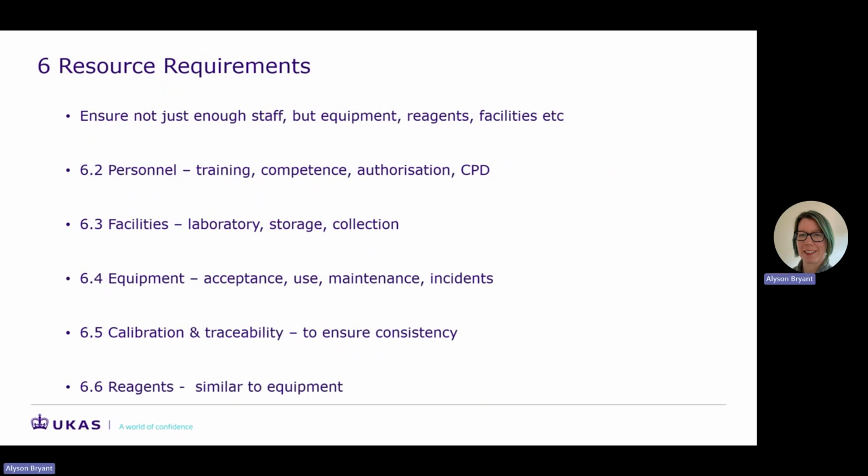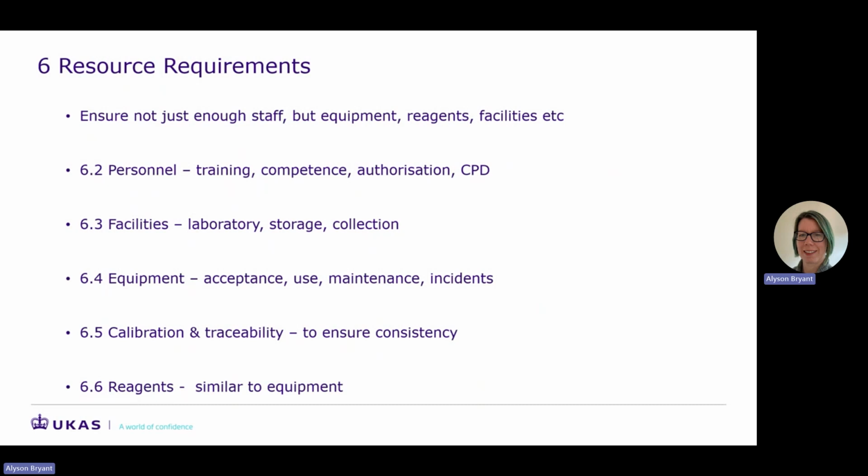Section 6 looks at resource requirements. So this isn't just staff, this is facilities, laboratory facilities, this is equipment, this is reagents, there's lots of different resources that are required in order to deliver an effective medical laboratory service. So under personnel, we're looking at do laboratories have the right number of staff with the right level of competence and authorization?